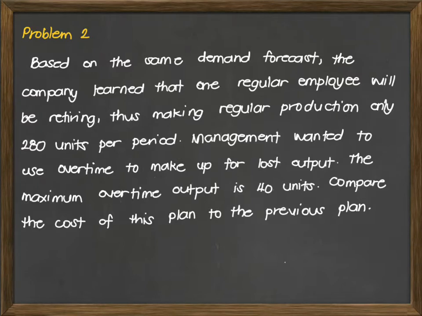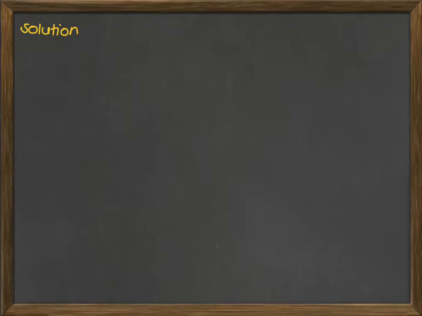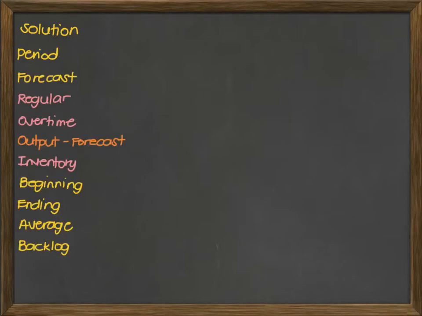So, from 300, naging 280 na lang siya. Now, the management wanted to use overtime to make up for lost output. The maximum overtime output is 40 units, and we want to compare the cost of this plan to the previous plan. Now, for our solution, dinagdagan natin ng overtime yung ating row.